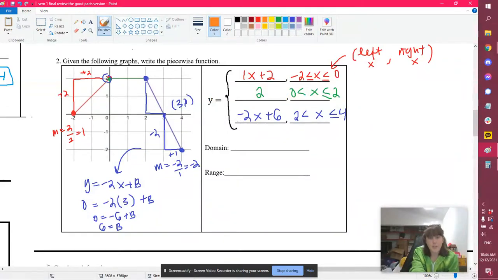Nice. And then the total domain, again, are the x's. The smallest x is negative 2. The biggest x is 4. We want to include both of those. We could have also written this like this. Let me give you the alternate ways to write this.